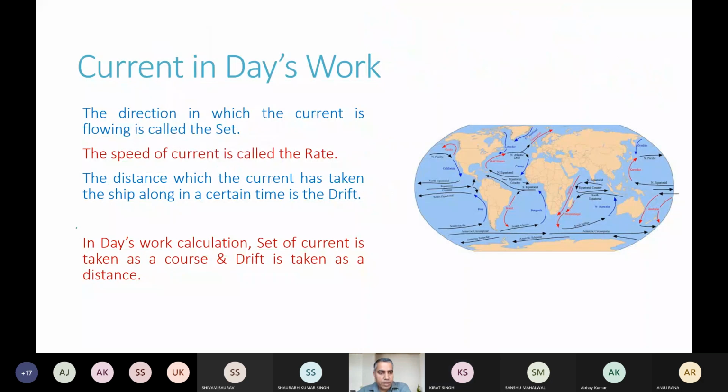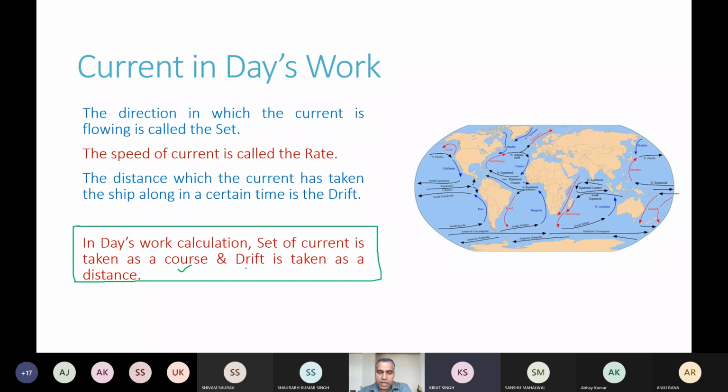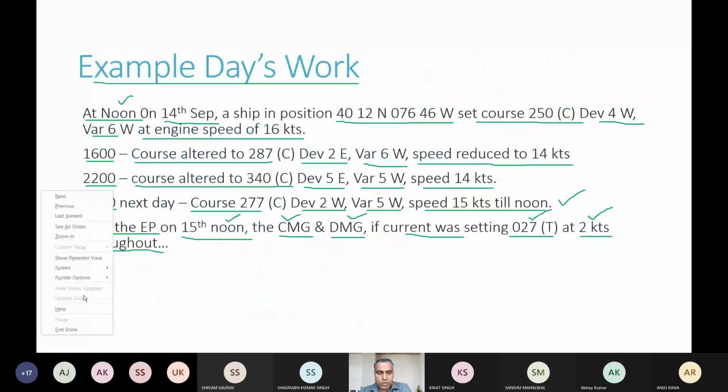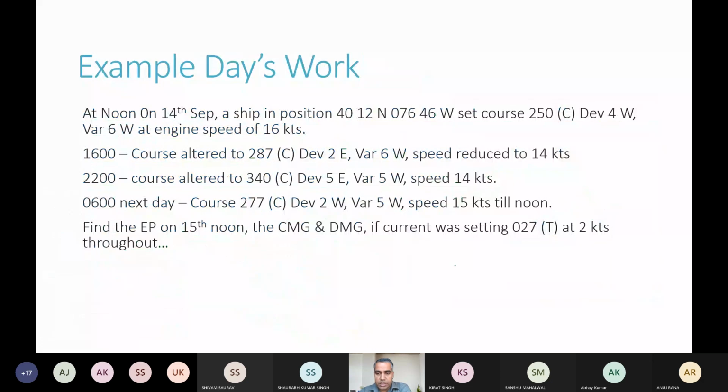What is written here, in dead reckoning calculation the set of the current is taken as a course and the drift of the current is taken as a distance. तो हमने करंट का जो सेट था उसे अपना कोर्स माना और जो ड्रिफ्ट था उसे अपना डिस्टेंस माना। राइट बेटा, up to here okay? Yes sir. अब देखते हैं इस क्वेश्चन में उन्होंने करंट क्या मेंशन किया है। See, if you see here they have mentioned the set of the current is 027.